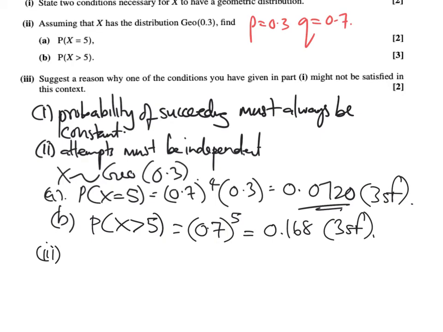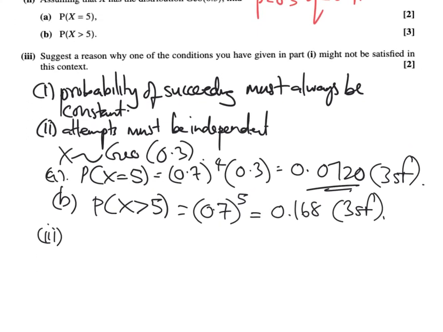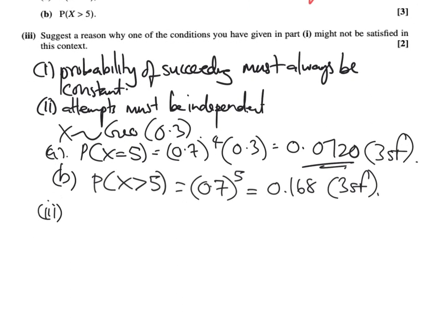This guy is going to thread the needle, repeating attempts to thread a needle. So it's 0.3, meaning 3 successes out of 10. Do you think every time when I try it's going to be 0.3? Of course, the more practice you do, it's going to improve, and every time it improves, it's not likely going to be a geometric distribution.